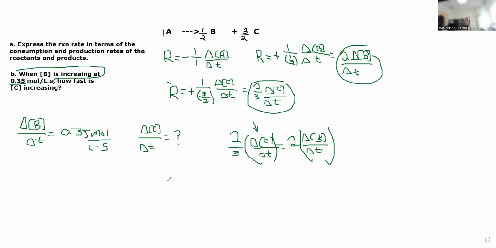So I'm going to have delta C over delta T equal to, multiplying both sides by 3/2, 3/2 times 2, and delta B over delta T was this, 0.35 moles per liter per second.